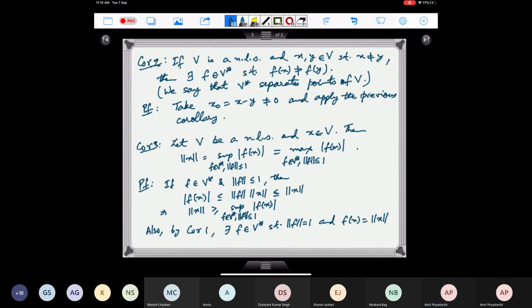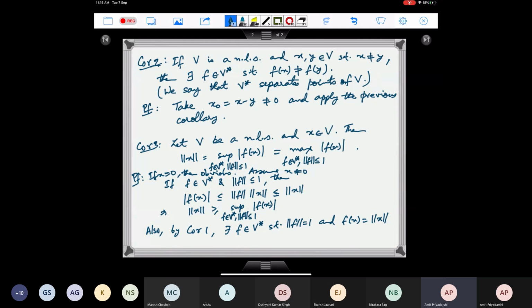Let me write that: for x equal to 0, this is obviously true, because if x is equal to 0, then all these things are equal to 0.